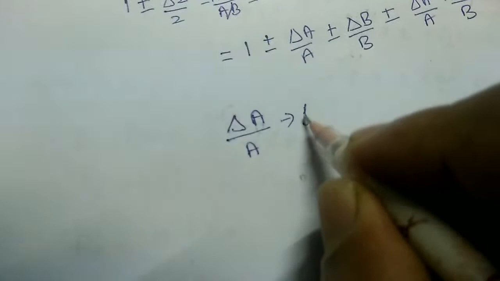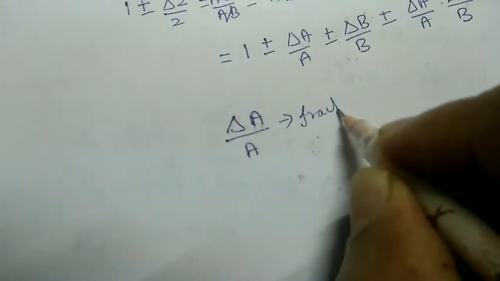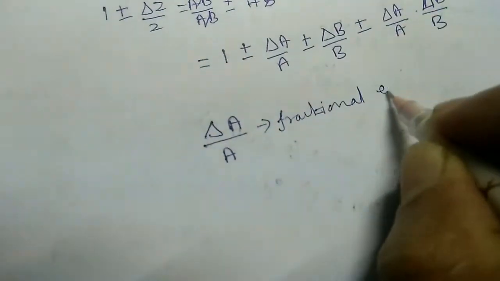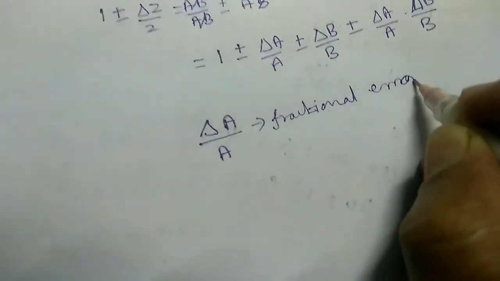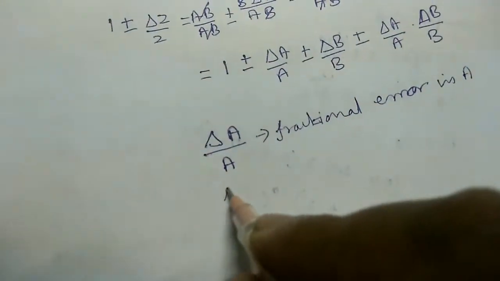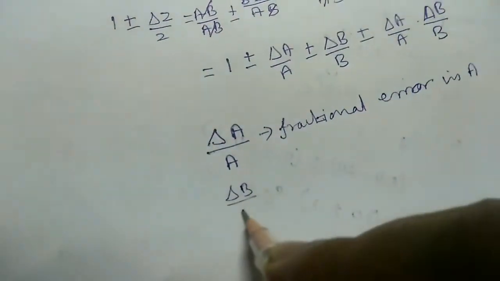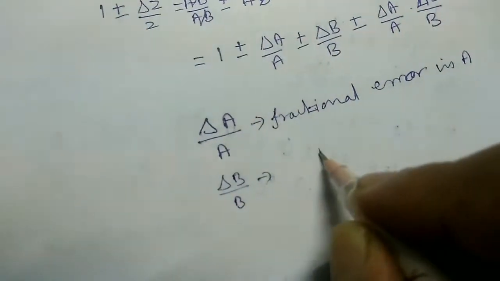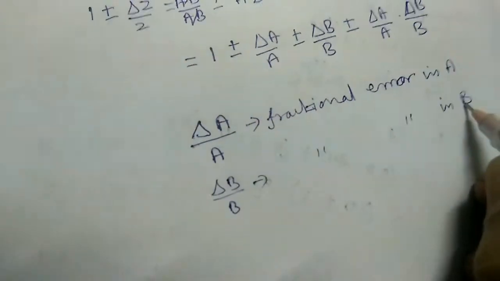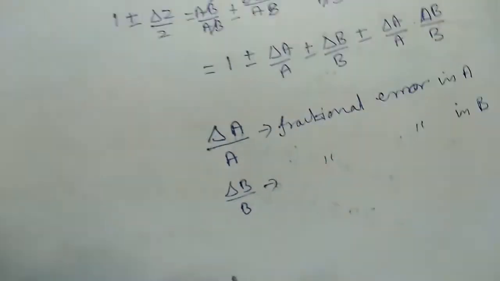This is the fractional error in A, and this one is called the fractional error in B. While you are writing, don't use ditto, okay?